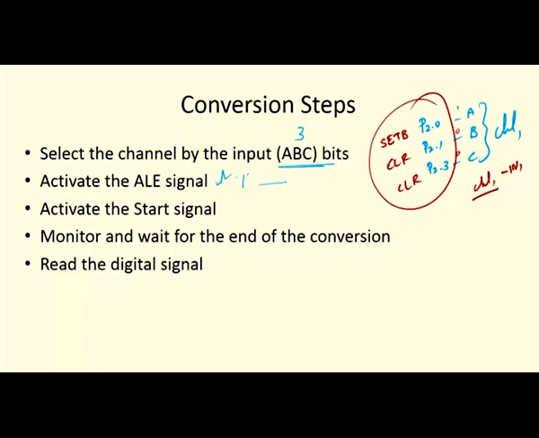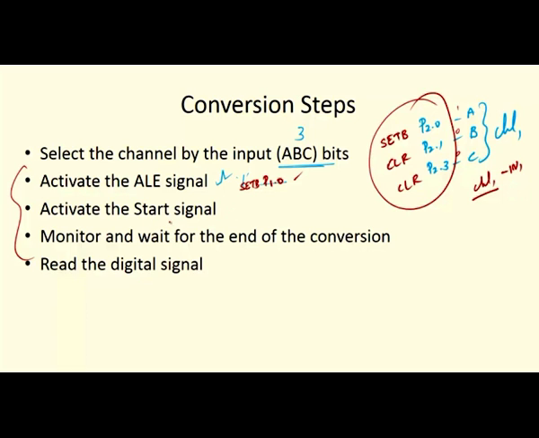After that, these are the signals you can give from port 1. Port 1.0 for the ALE signal. If you are giving port 1.0 for ALE, then you have to set the bit, because this should be high for activating the latch. So, set bit P 1.0 means automatically it will activate it.